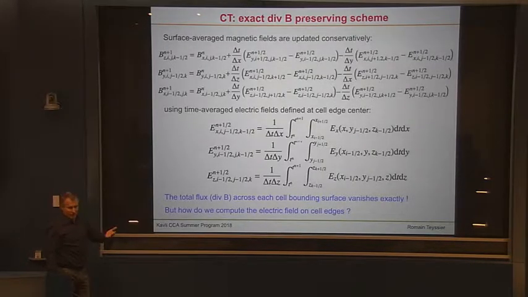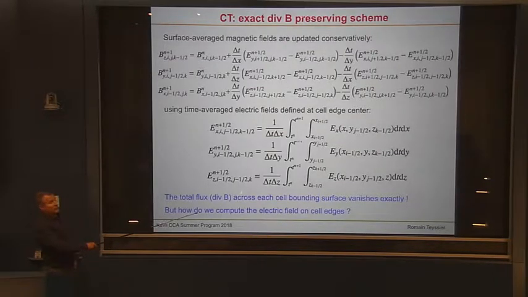So if you choose an initial condition which satisfies div B 0 equals 0, then div B will be preserved and will be equal to 0 all the time. You never introduce spurious divergence with this technique. It vanishes exactly, and by construction, because you have defined the electric field and the magnetic field like that. I think that's a very powerful approach to discretize the whole thing.